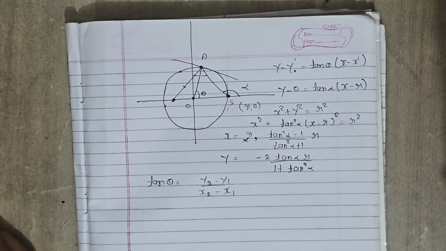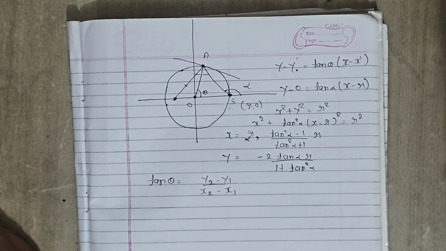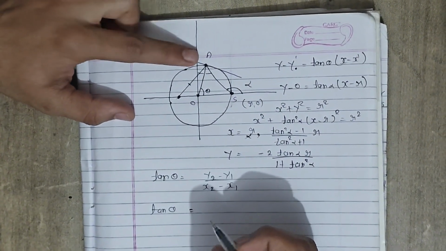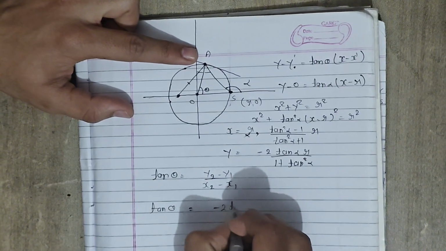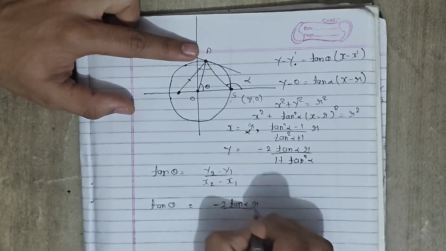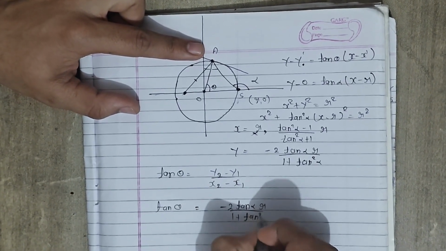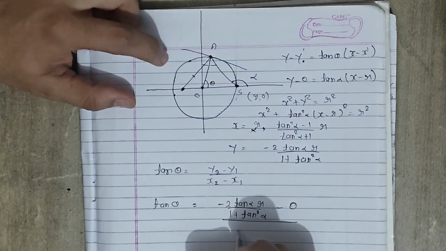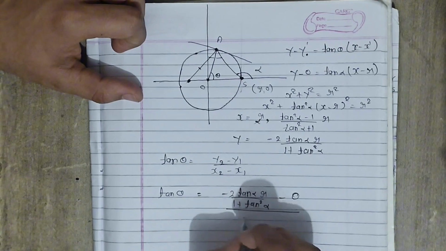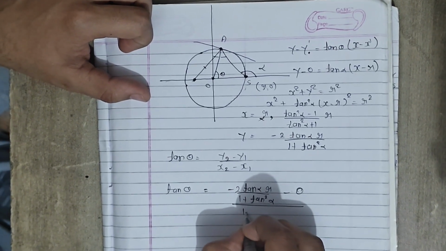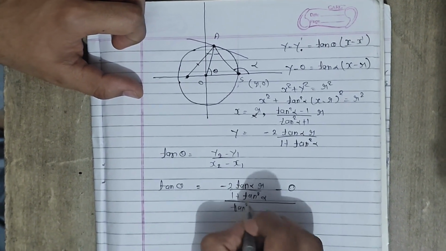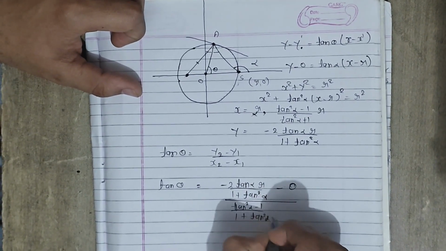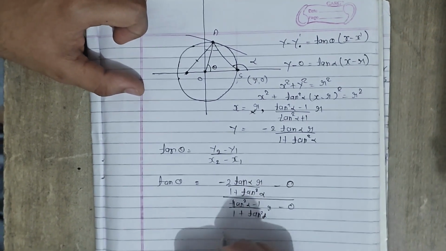In our case, tan theta is equal to y2, the y coordinate of A, which is minus 2 tan alpha upon 1 plus tan square alpha, minus 0. 0 is the y coordinate of the origin. And x2 minus x1: x2 is the x coordinate of A, which is (1 minus tan square alpha) upon (tan square alpha plus 1), minus 0.